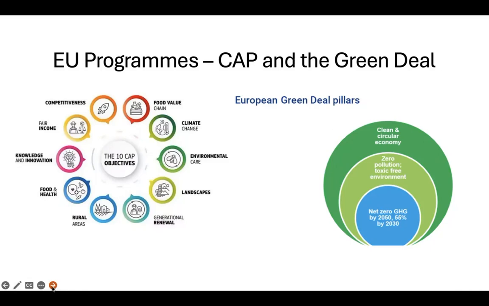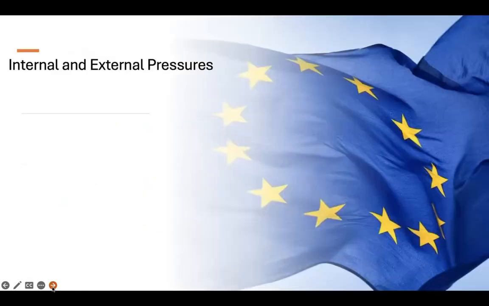There's still unequal subsidy distribution, and some of these changes and implementations are very cumbersome and slow. Having a balanced viewpoint of all of these programs is going to be really important to help you articulate the impact of these on regional development.